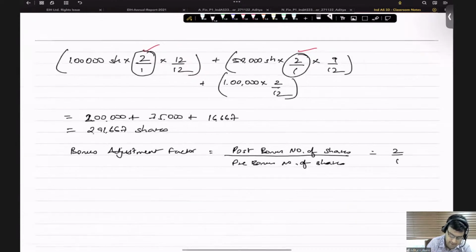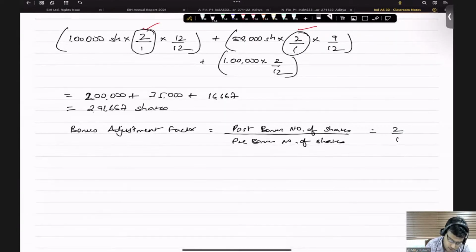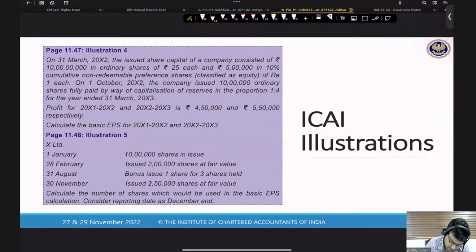Anyways, let us come to this question. Illustration 5. X limited. On 1st January 10 lakh shares in issue. 28th February issued 2 lakh shares at fair value. 31st August bonus issue 1 share for 3 shares held. 30th November issued 2,50,000 shares at fair value.